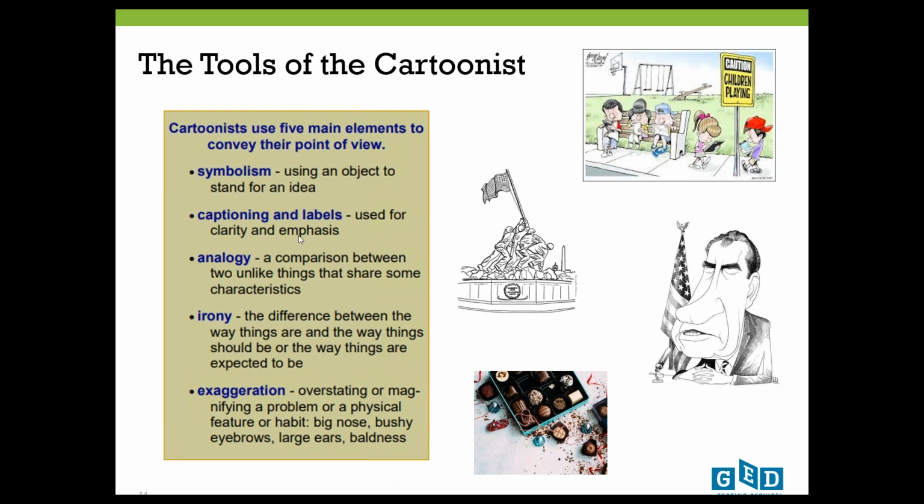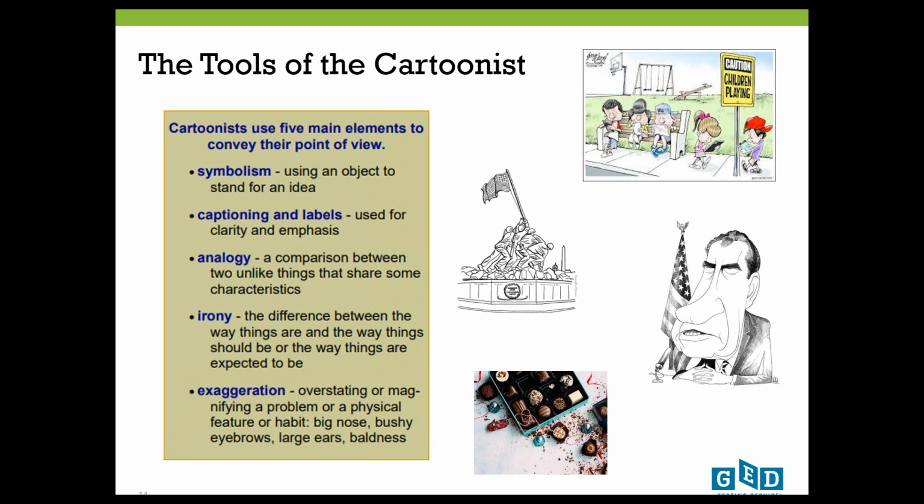But also a cartoonist uses captions and labels. Sometimes their words are needed within the cartoon to draw emphasis to what they're trying to portray. We have the analogy where we're comparing two unlike things, but they've got some similar characteristics.